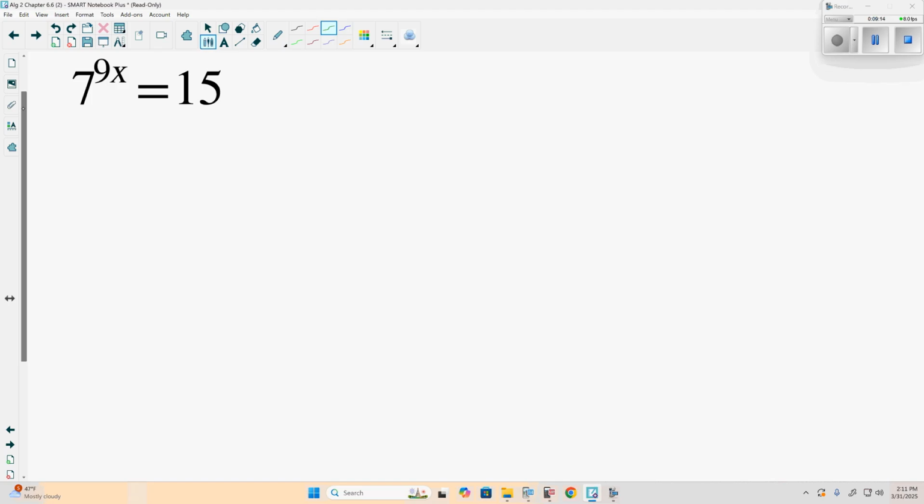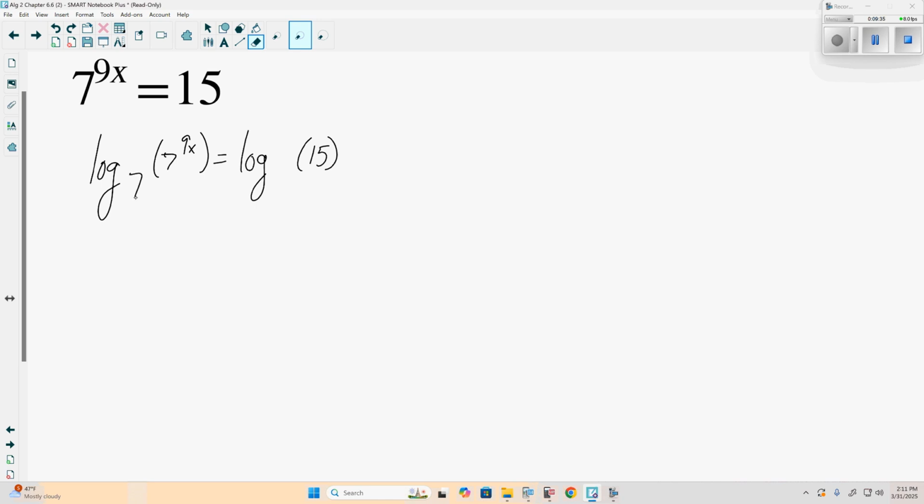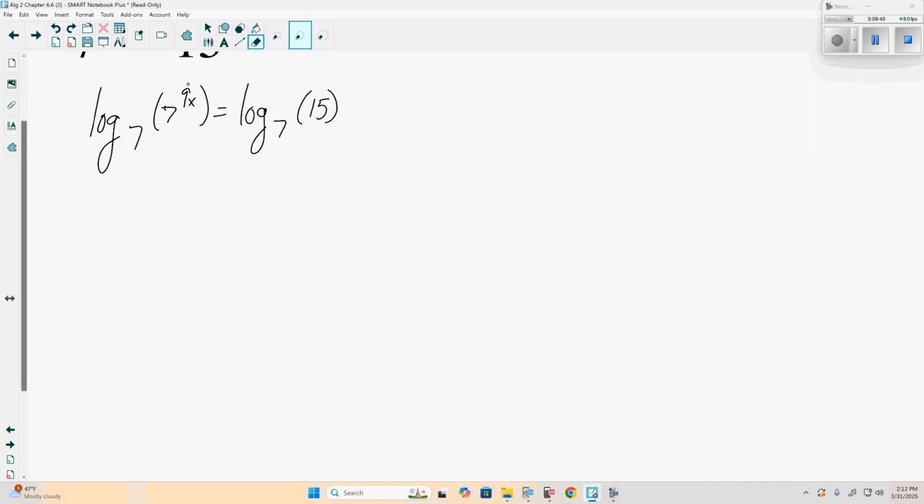Let's look at this one here. 7 to the 9x equals 15. One term, one term. So we can apply log to both sides. What base is going to make this nicer to work with? Having a base of 7.